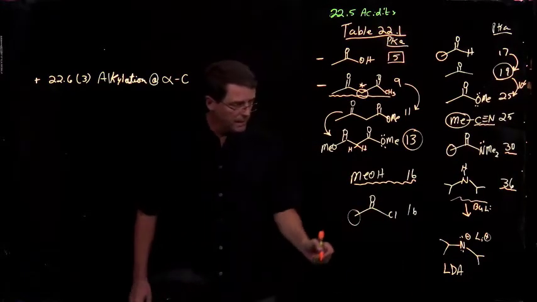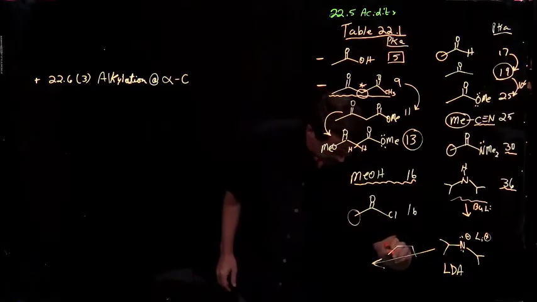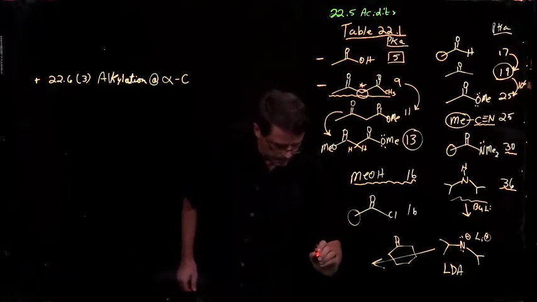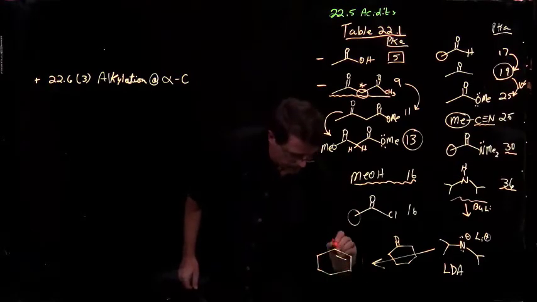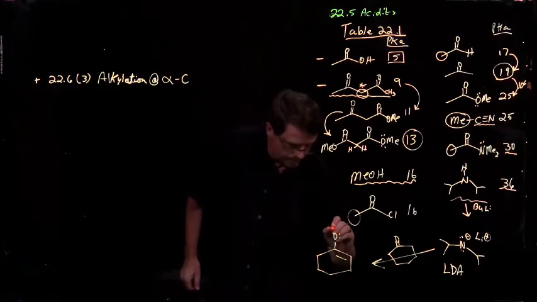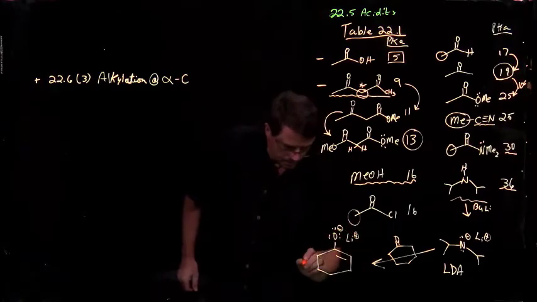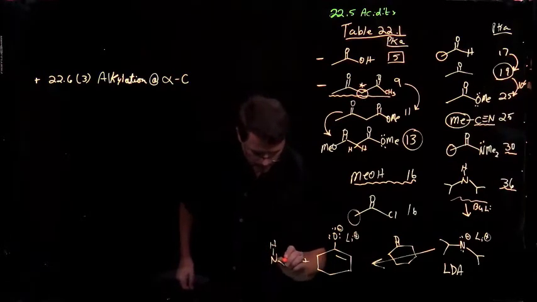So what we will see is if we react a carbonyl group, say cyclohexanone with LDA, then we get quantitative conversion to the enolate plus the amine.